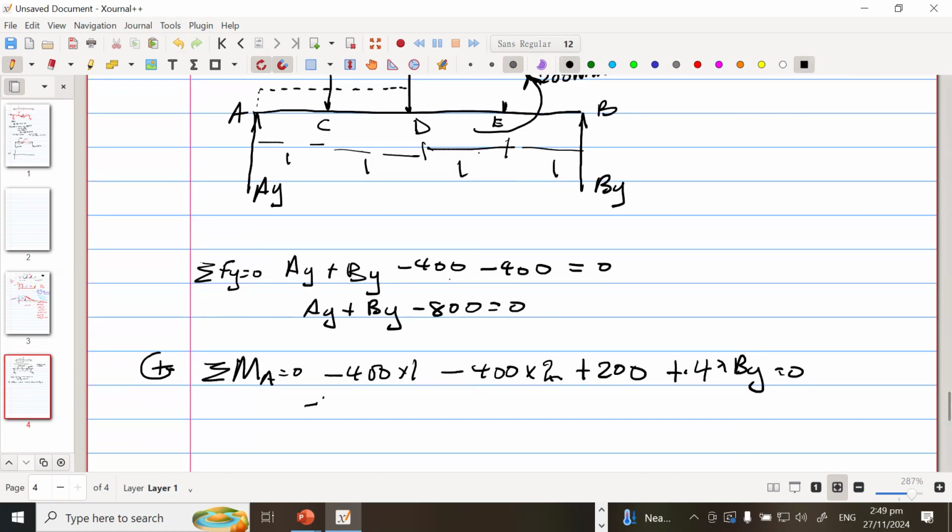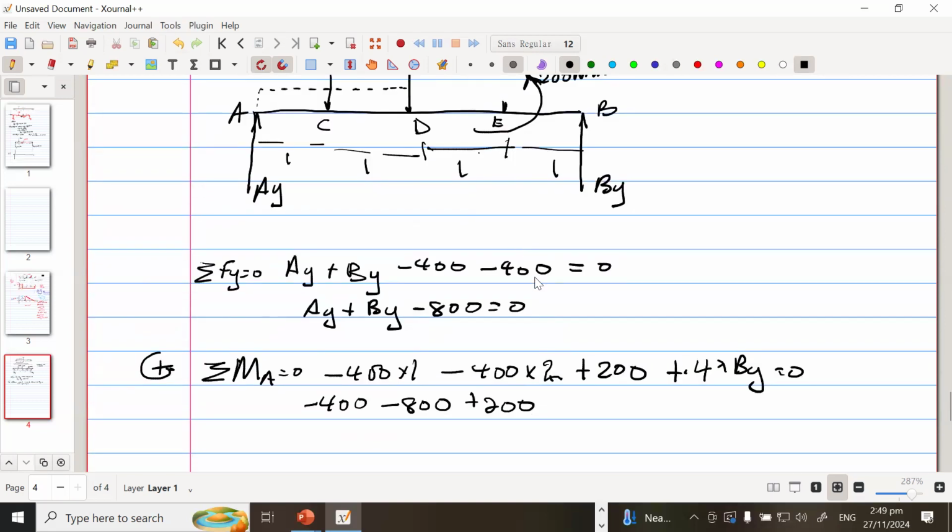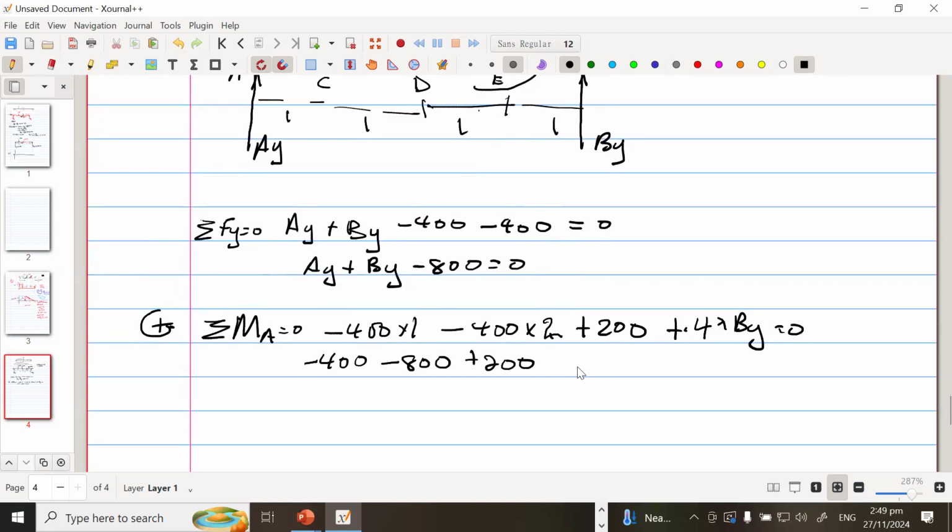So it is minus 400 times 1, minus 800, plus the 200. Everybody knows where the 200 comes from. It is this one right here. This moment is going anti-clockwise, so it's positive. Remember that? Plus 4BY equals 0.